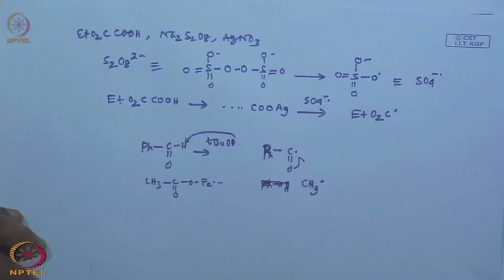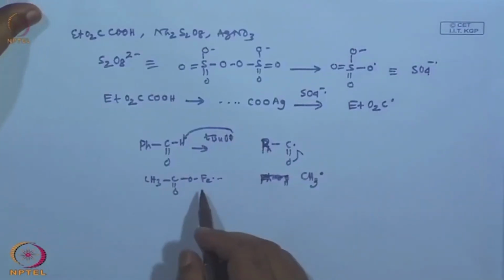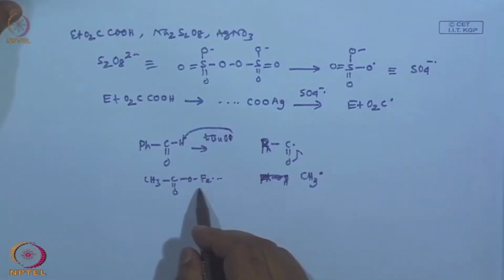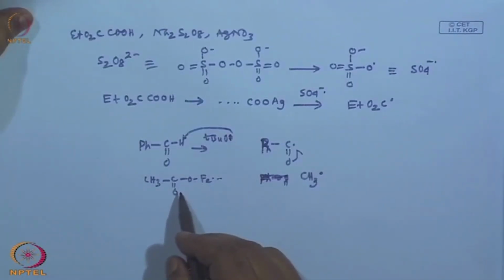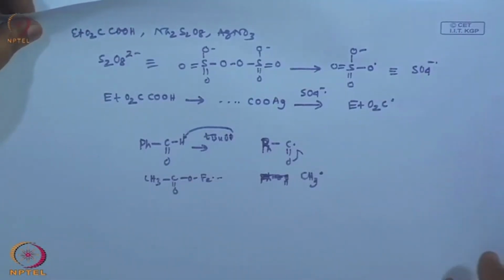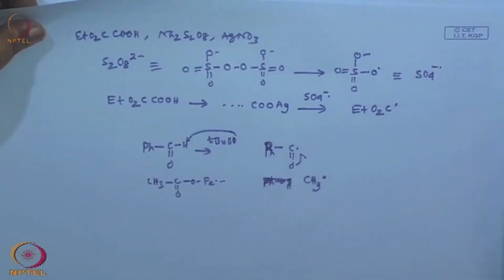So, the alpha oxocarbonium ion, and similarly here in this case these iron carboxylates are not susceptible to oxidation with tertiary butyl hydroperoxide. Okay.